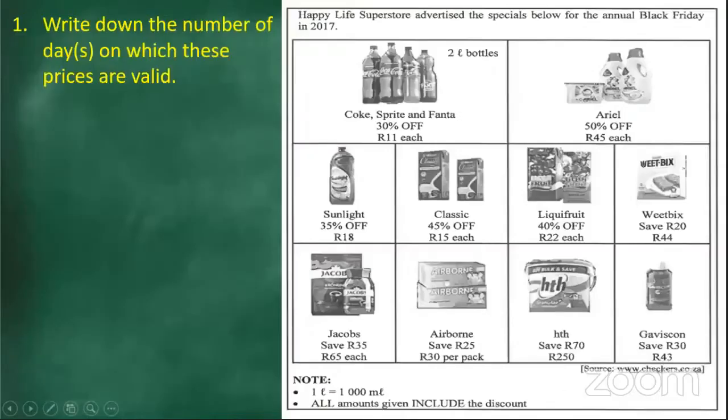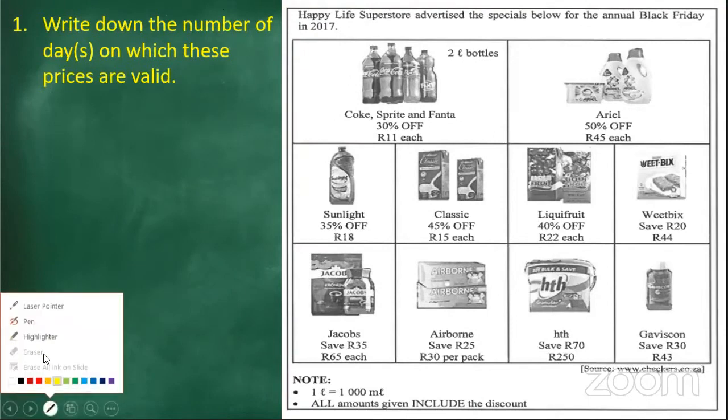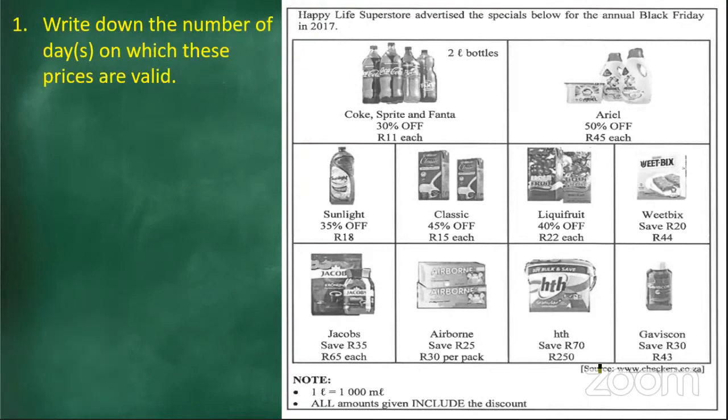Question 1, write down the number of days on which these prices are valid. We look at these prices, right? We look at the whole advert before you even begin answering your question. And please don't undermine these questions and think it's easy or it's only 1 mark. Look at the question and understand. And please interact and engage with me in the chat box so that we can move quicker, and I get that you understand the work.